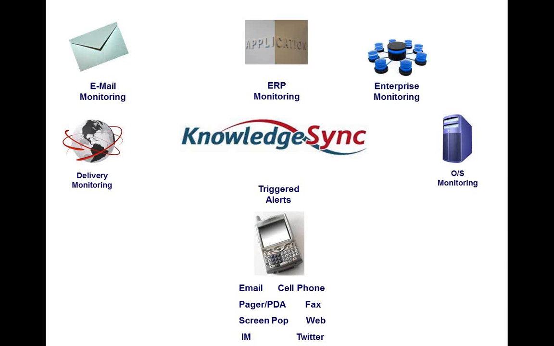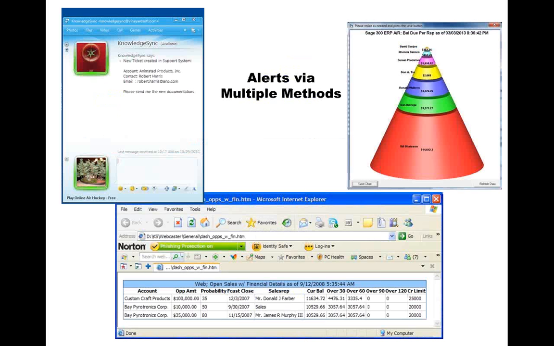Now, I've talked about sending alerts, so it's worth mentioning how those alerts can be sent out via pretty much any device you can imagine, mobile device or cell phone, via email, via text message, fax, screen pop or instant message, or even social networks such as Twitter. And here we've got an example of some of KnowledgeSync's more advanced alert delivery methods, including up at the top left, instant message.